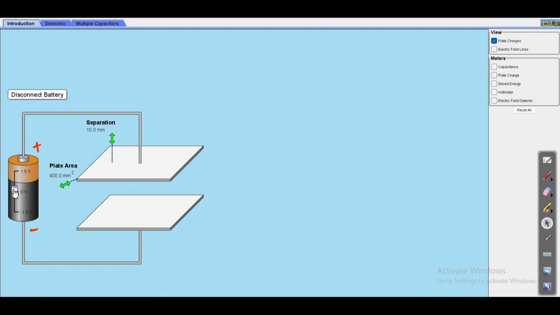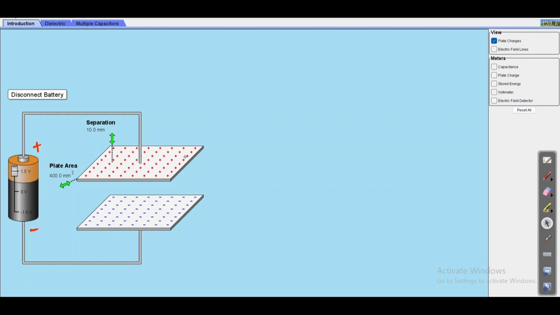Now if I turn on this battery, the positive charges move toward this plate, and the negative charges from the battery move toward this plate. So a large number of positive charges appear on this plate, and a large number of negative charges appear on this plate.